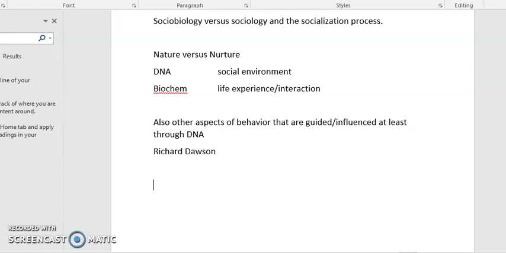If we don't understand the opposition's point of view, then we are less able to argue in favor of our own point of view, essentially. So we have to study sociobiology also.